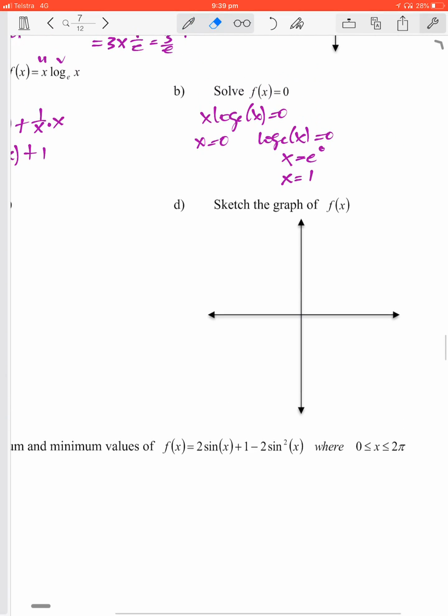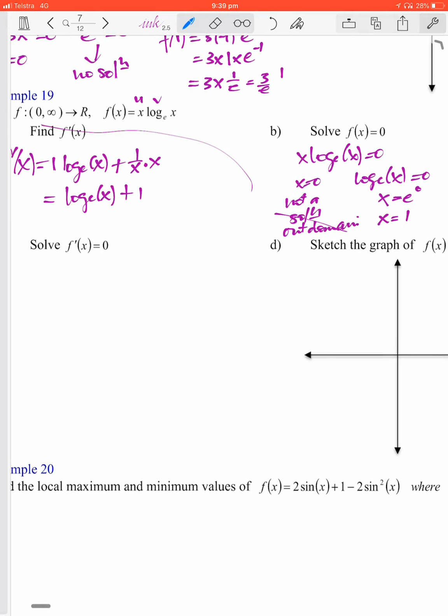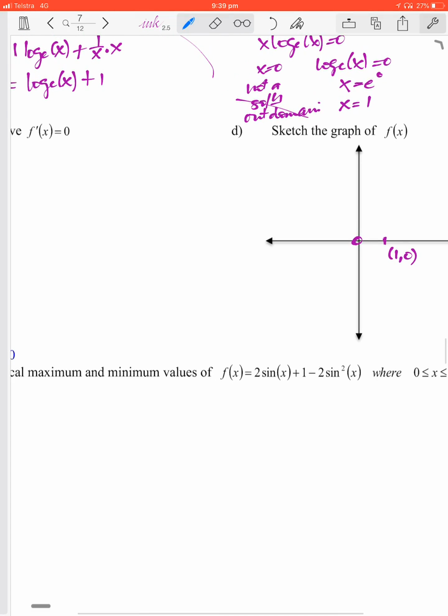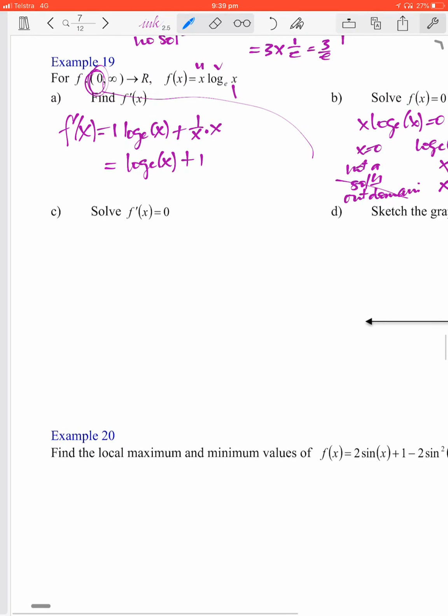So that one, x equals 0, is not a solution because it's out of domain. Because if you have a look up here, 0 is not included and we can't log 0. So we know we've got a point that's not included there, and we know that when x equals 1, we've got an x-intercept.